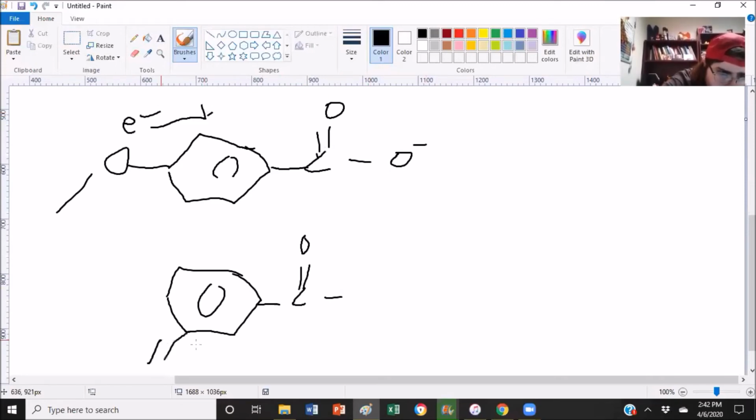The nitro group, which carries a positive charge, is going to be pulling electron density out of the ring. So just think about that electron density pulling out: an electron withdrawing group is going to stabilize this, making it a stronger acid. An electron donating group is going to weaken that acid.